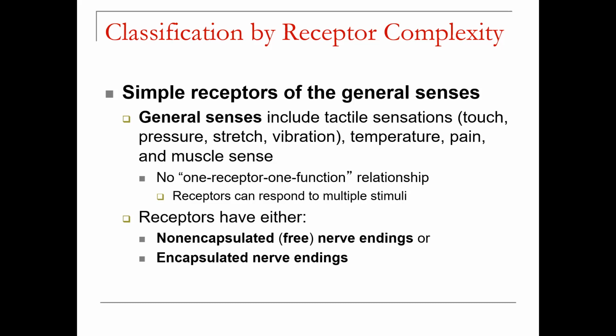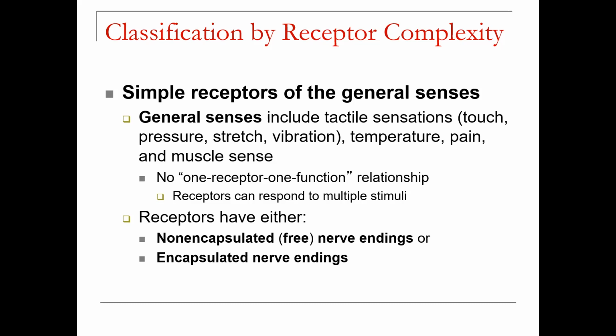Now, these general senses, their dendrites are either going to be the free nerve ending, which is nothing more than the dendrite sticking out there in the skin. The end of the dendrite's right at the surface of the skin, and it's stimulated by touch or pressure or vibration or stretch or itch.